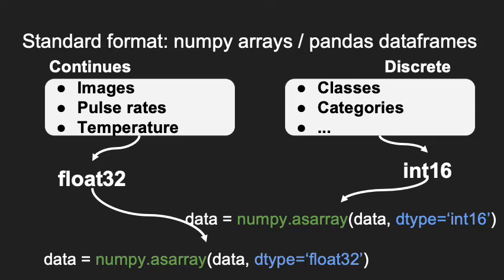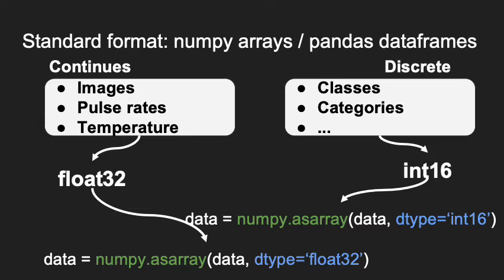So the standard format is NumPy arrays if you're working with Python, and also pandas data frame. But underneath the pandas data frame, there are NumPy arrays, so you always end up with NumPy arrays anyway. And if you have continuous values, you can cast them into float32. Float32 is precise enough.